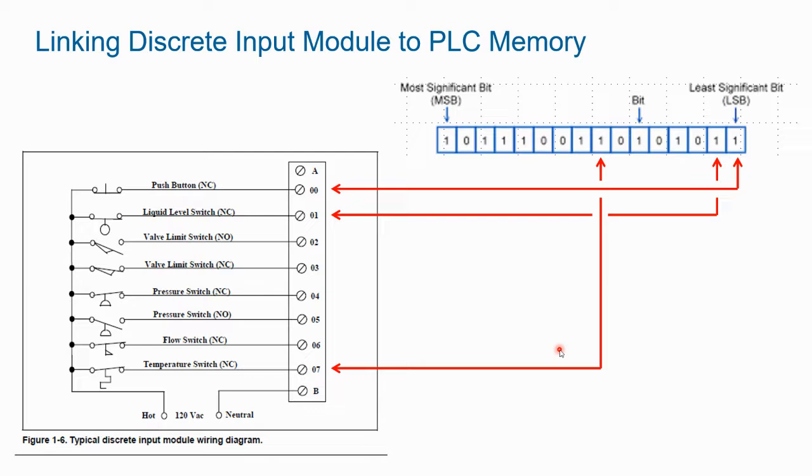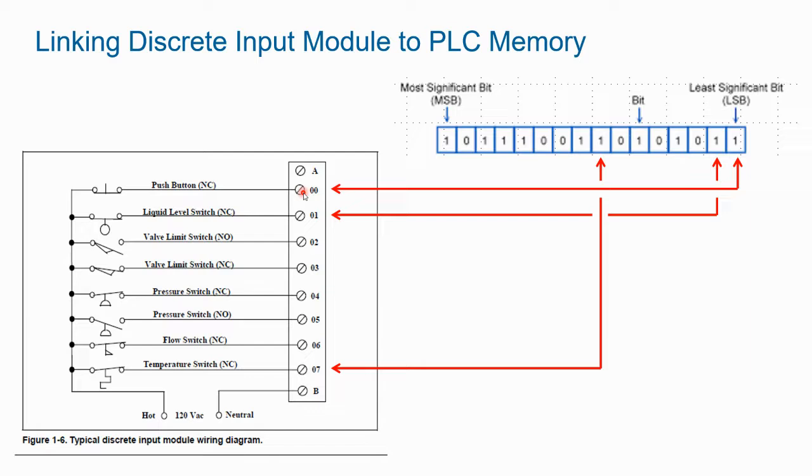So the way the PLC handles this is that we have real world devices with real world voltages wired to them, and when those real world voltages come to this input card, the input card detects the voltage change, and there's a particular threshold. So even though it's a 120 volt AC input card, it might actually trigger at a lower voltage.